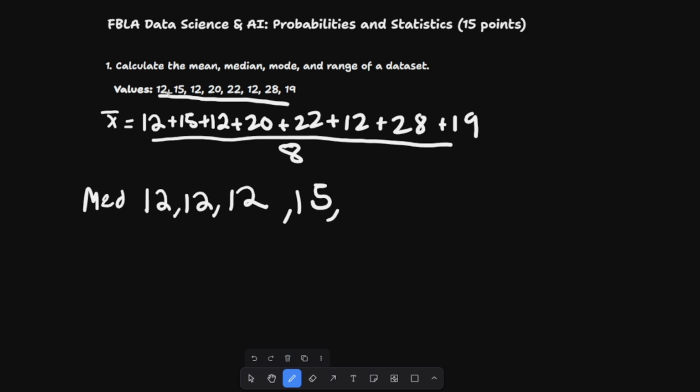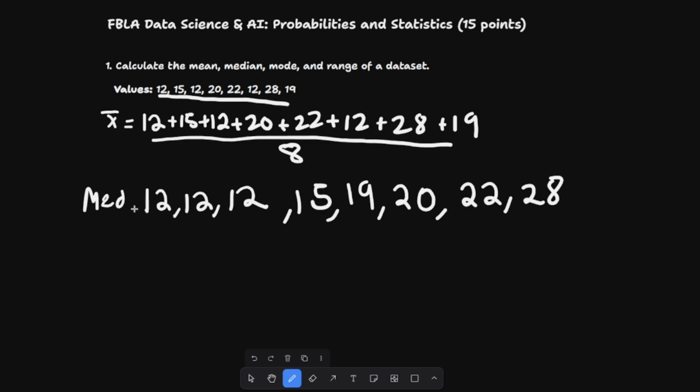And then we have, so that's 15, 15. After that there's a 19. Then there's a 20. Then I think there's a 22 and a 28. Let's see if this is also 8 values. 1, 2, 3, 4, 5, 6, 7, 8. Okay, great. So that's 8 values.